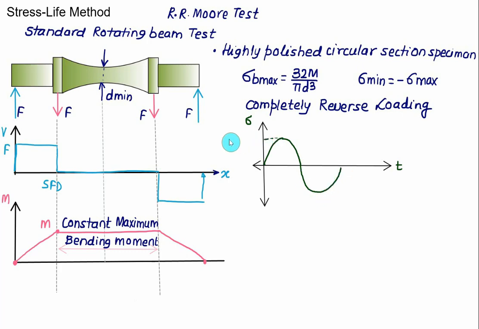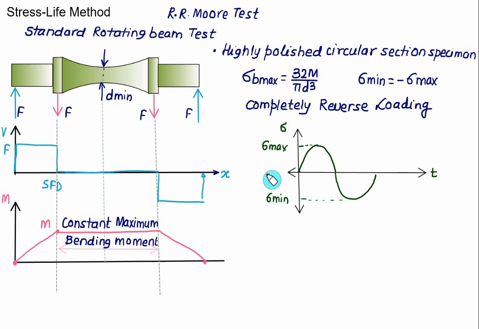So this peak value represents sigma max and this minimum value will be equal to sigma minimum. In the case of completely reverse loading, the mean stress will be equal to 0 and therefore the amplitude stress sigma A is equal to sigma max.